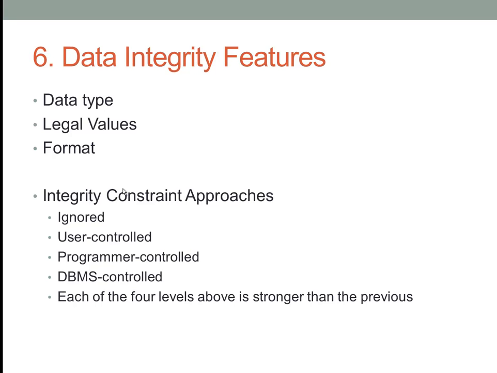And then finally, the strongest integrity constraint would be those that are DBMS controlled, where the database doesn't even allow the data to be added, because the constraint was placed within the database system. So you really want a combination of all of these. Well, not necessarily the ignored, but of the other three.